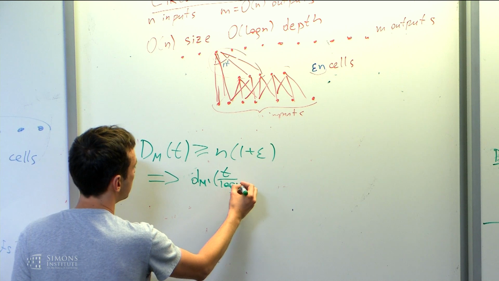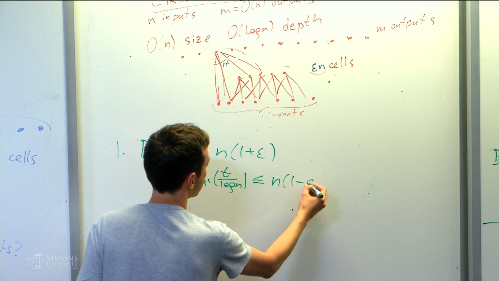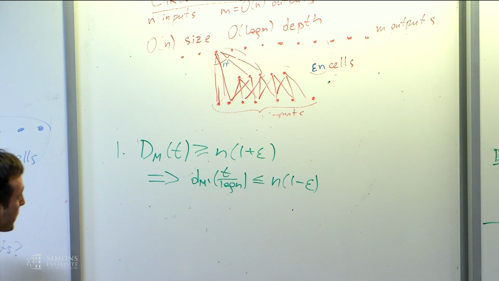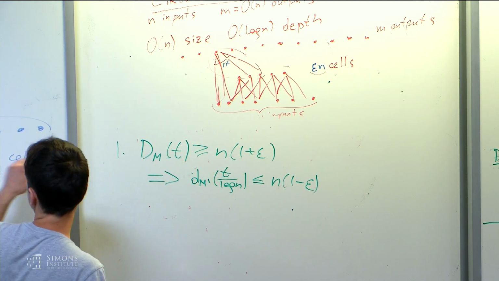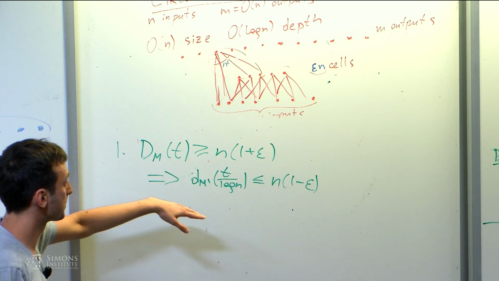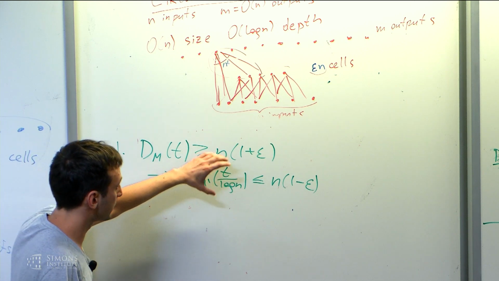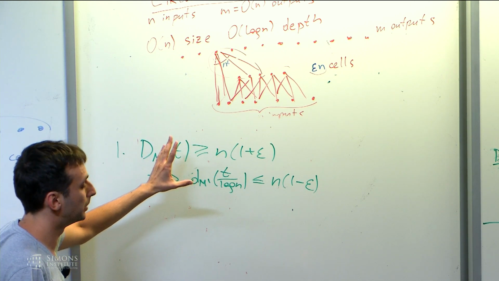Sparsity parameter slightly smaller. And this implies that if you have a data structure lower bound, like for any query time t and space n times 1 plus epsilon, then you have, for example, a rectangular rigid matrix with a parameter better than we know.